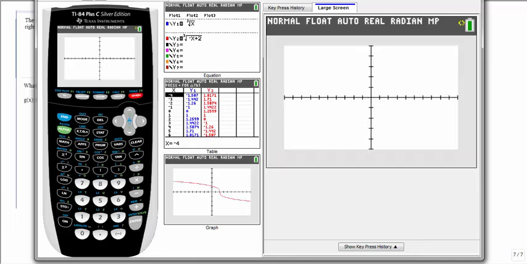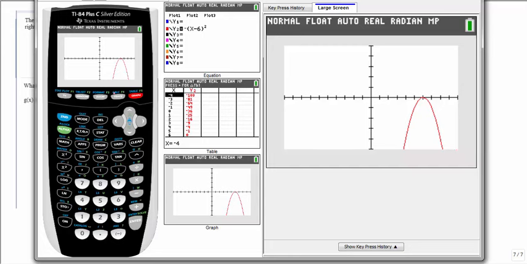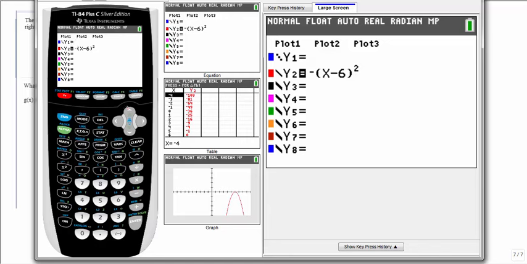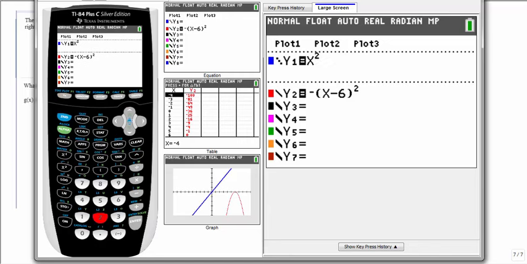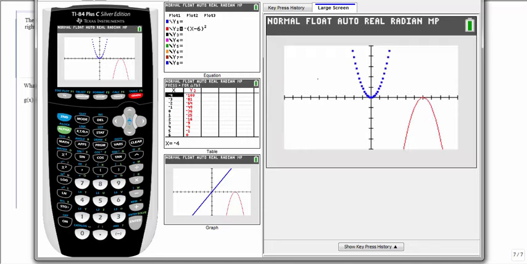Let's go ahead and graph that. So it should show up over here. Yep, that looks good. Now our parent graph, if we want to include it, just for a comparison point, we could include that as just x squared in one of these lines. So there's the parent graph, there's our original graph.